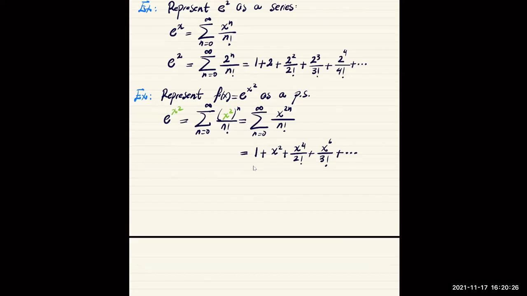This power series can be used to do integrals that involve e to the x squared. The integral of e to the x squared, guys, first of all, this is an important integral because actually the integral of e to the negative x squared is important because e to the negative x squared is involved in the bell-shaped, the normal distribution that is studied in statistics.